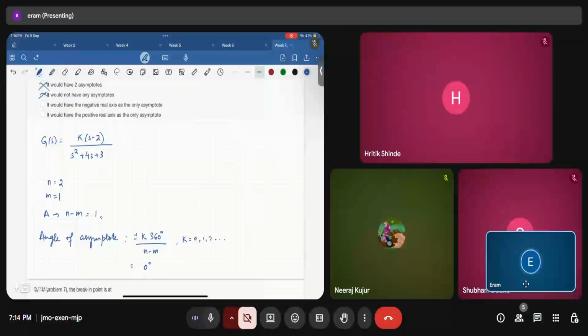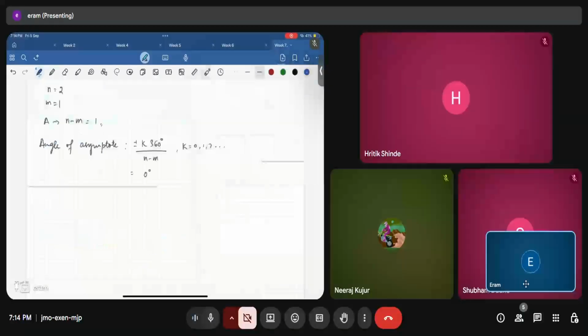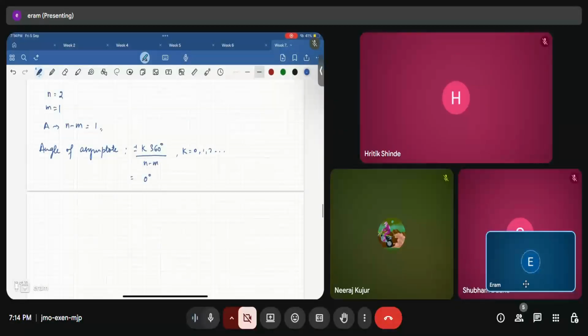What can we say? For that, let's check the point of intersection.